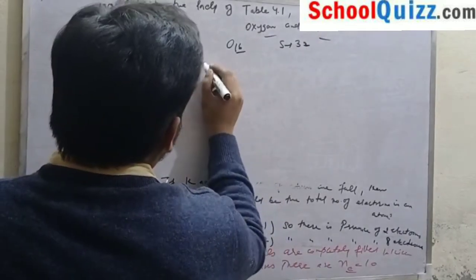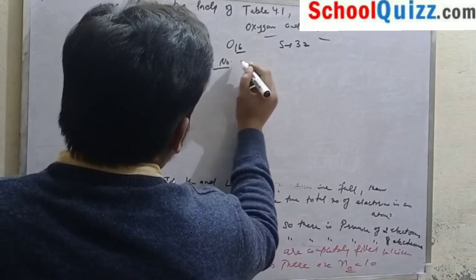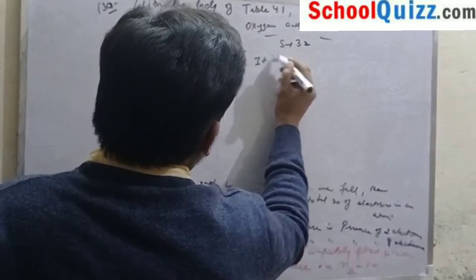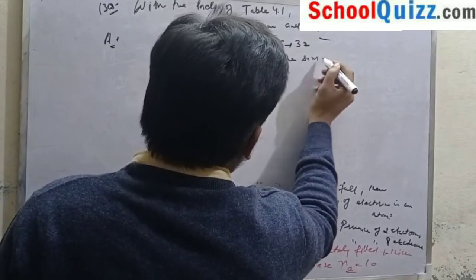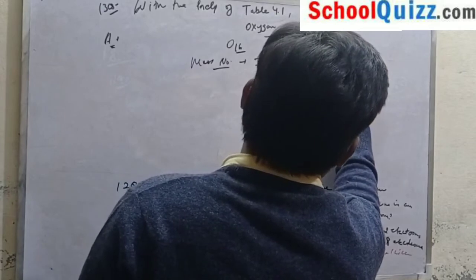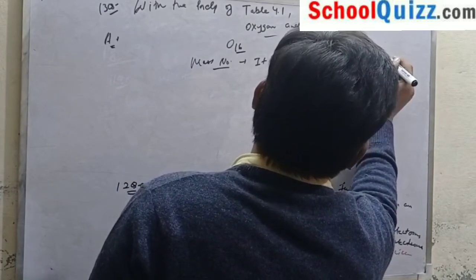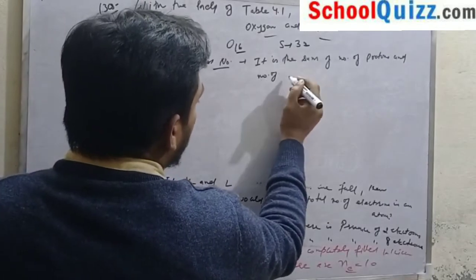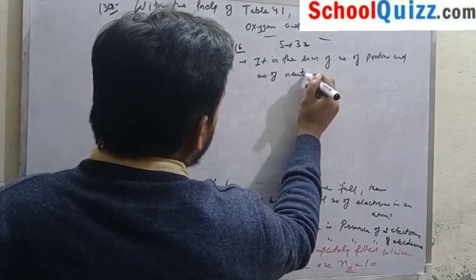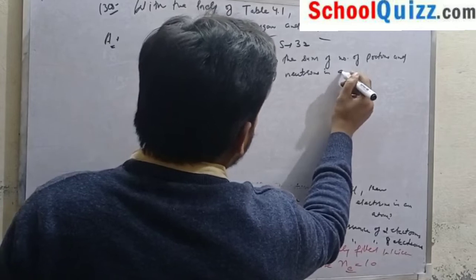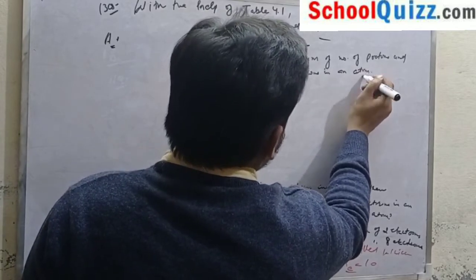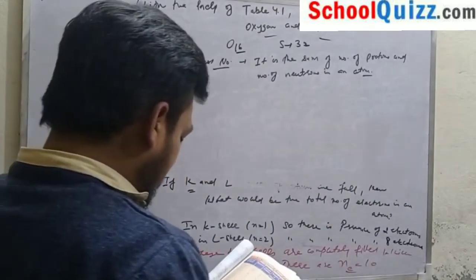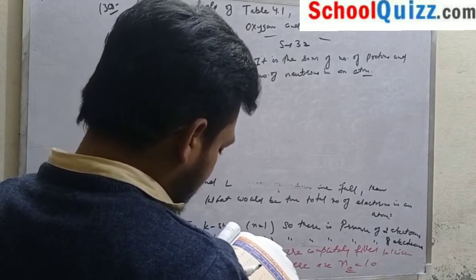What is mass number? It is the sum of the number of protons and the number of neutrons in an atom.